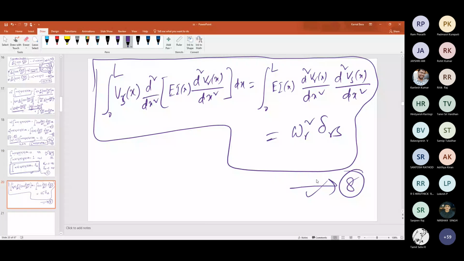Any issue with equation 8? All understood? How it is coming? Anyone else has a problem?